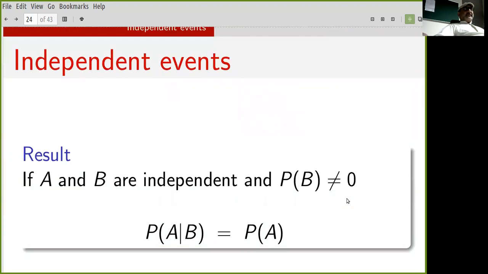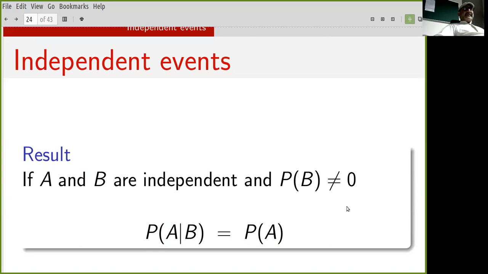Now, what's the result of that? Well, if A and B are independent and the probability of B is not equal to 0, then the probability of A given B, well, what was that? By definition, that was the probability of A intersection B divided by the probability of B. That's equal to, if they're independent, the probability of A times the probability of B divided by the probability of B, and then the probabilities of B cancel each other out.